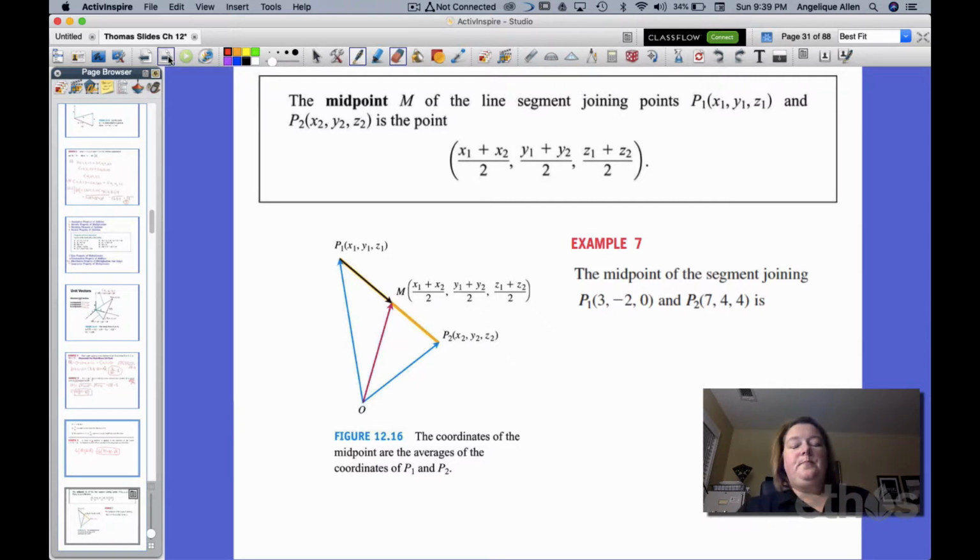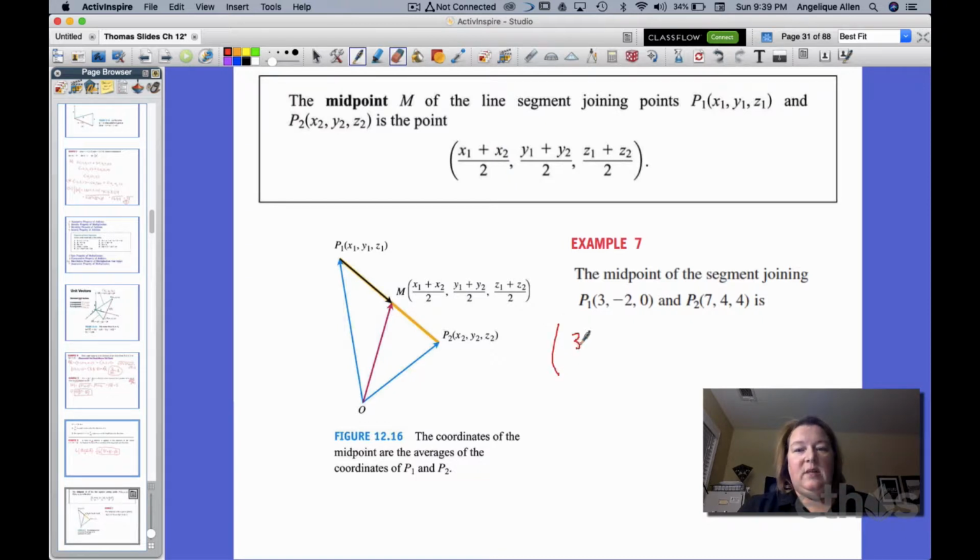All right. So more concepts for 3 dimensions that parallel concepts in 2 dimensions. If we want the midpoint of a line segment that goes from P1 to P2, then we just include the z coordinate in with the 2-dimensional midpoint formula that we were already familiar with. So this is a super simple problem.